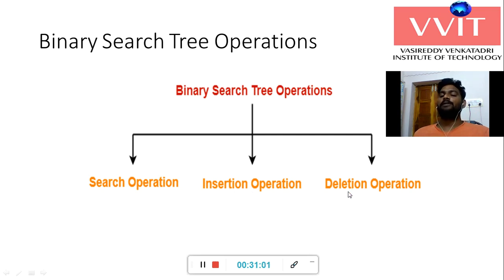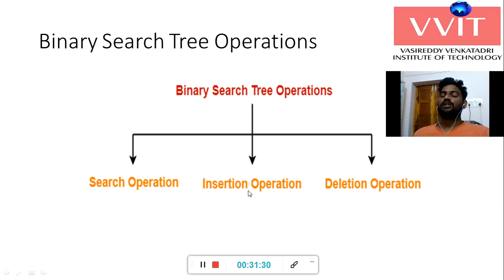And the final operation is the deletion operation. Deletion means to delete a specified node in a binary search tree. Generally, the binary search tree operations are classified into three types: search, insertion, deletion. What is search? Search is a process to find whether a given node value is present in the binary search tree or not.